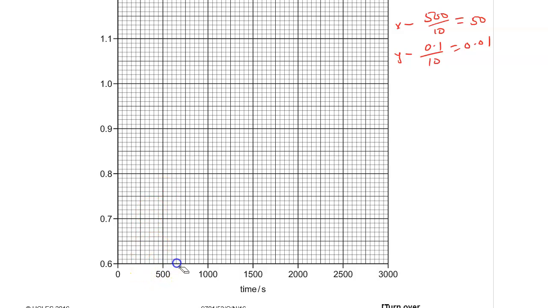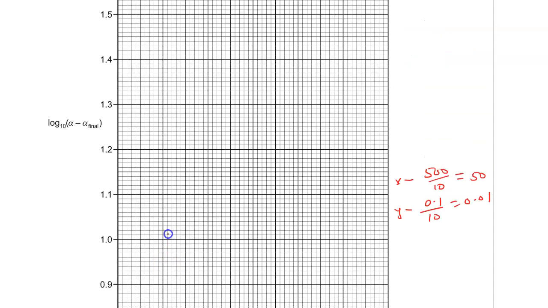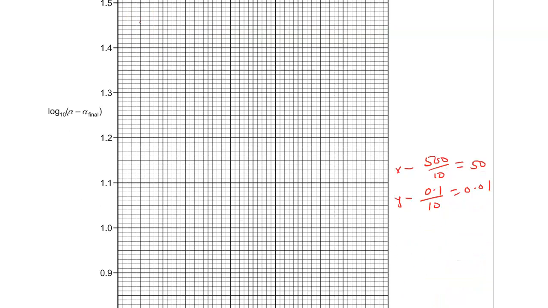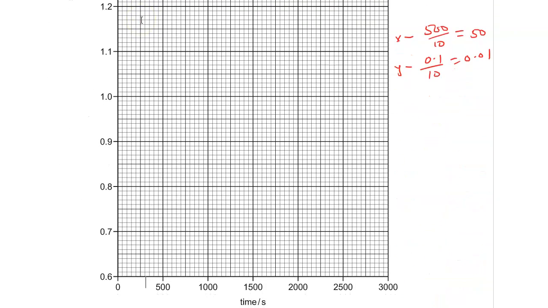There's a mistake here. Let's first erase this. It was 0 is 1.72. Actually, that was also okay. So 0 is 1.72. 1.72 is there.